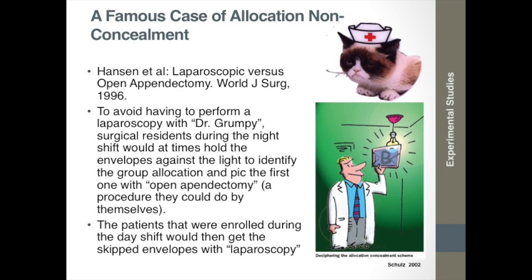Therefore, the patients that were enrolled during the day were those that were consistently allocated with laparoscopy. So in this case, the allocation sequence was completely modified because of this lack of concealment.